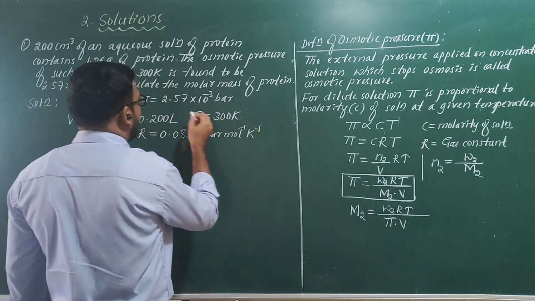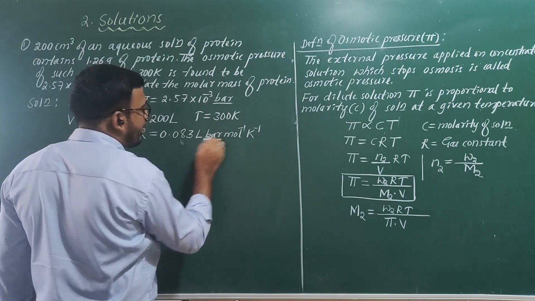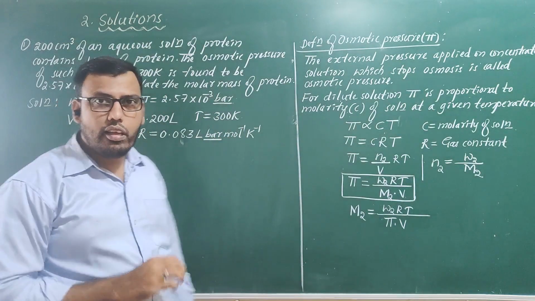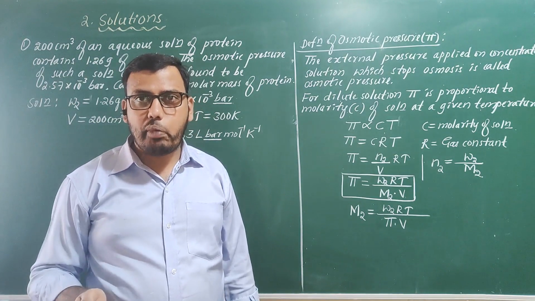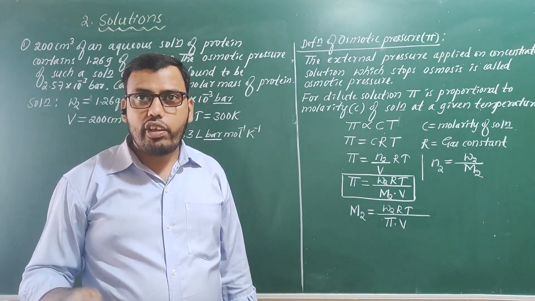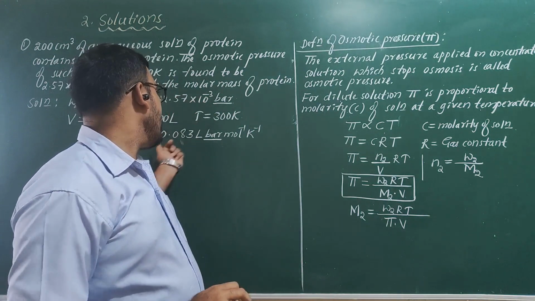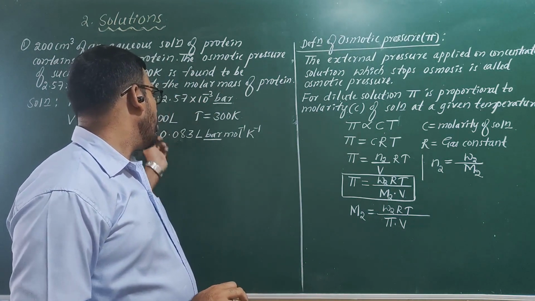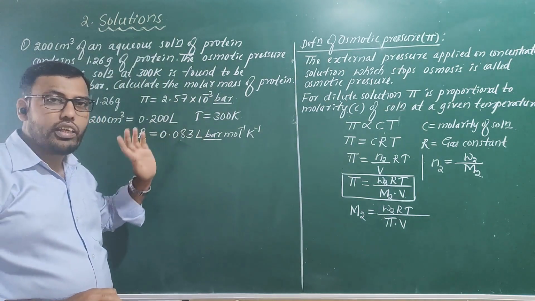Dear students, remember that here pi is in bar, that's why the R value should also be taken in bar. We have different units of pressure: atmosphere, bar, pascals. Depending upon the unit of pi, you need to take the value of R also.